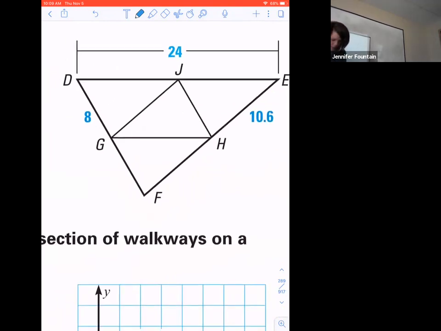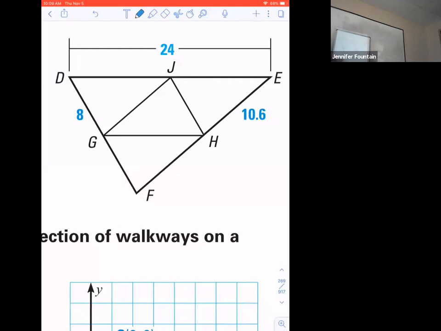Okay, and then our next one, number 7, DF is equal to what? What is DG? 8. So what is GF? 8. So what is DF? 16. Good. All right, so if DF is 16, what is JH? 8. Good.